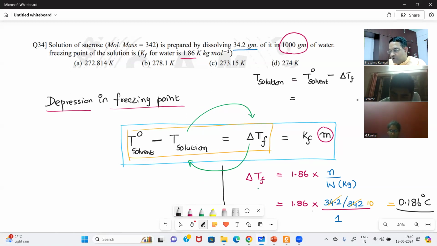Your solvent is going to freeze at 273 Kelvin. Am I right? Or 0 degrees Celsius, correct? 273.15, but 273 we can take, no problem. You'll subtract 0.186 now from this.